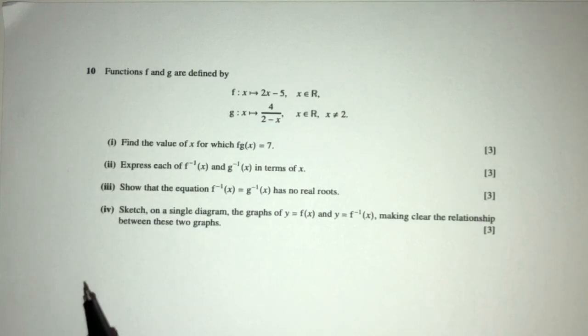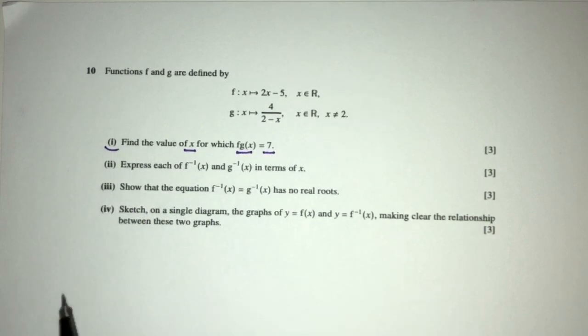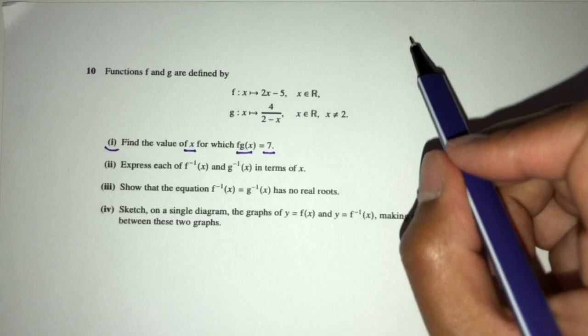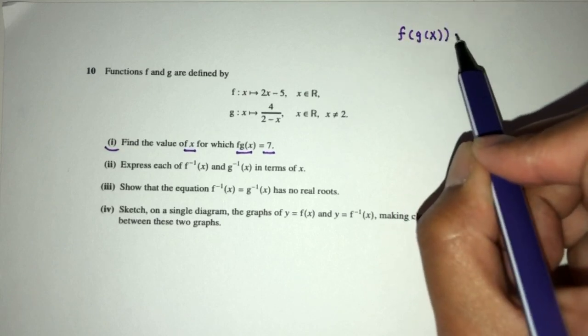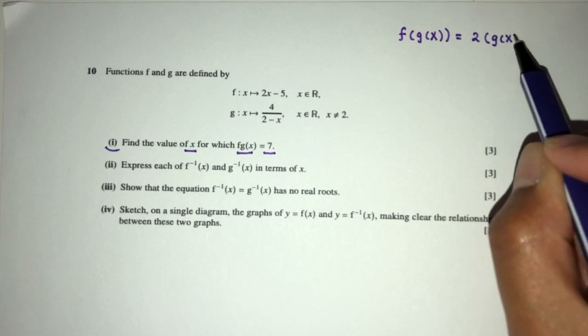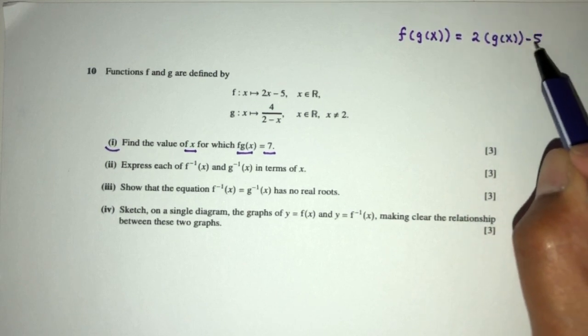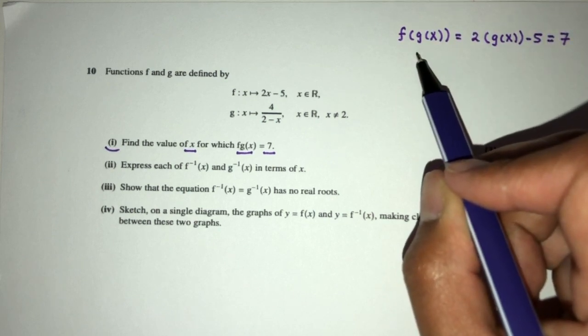So let's move on to question part 1. Find the value of x for which we have this. So let's first find this. What is f of g of x? It is simply 2 times g of x minus 5 is equal to 7. So 2 times g of x is what?